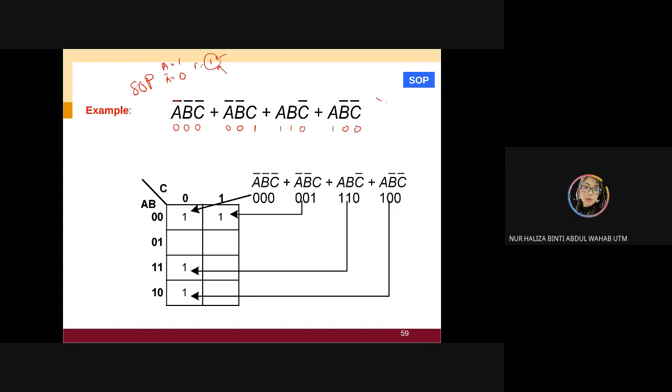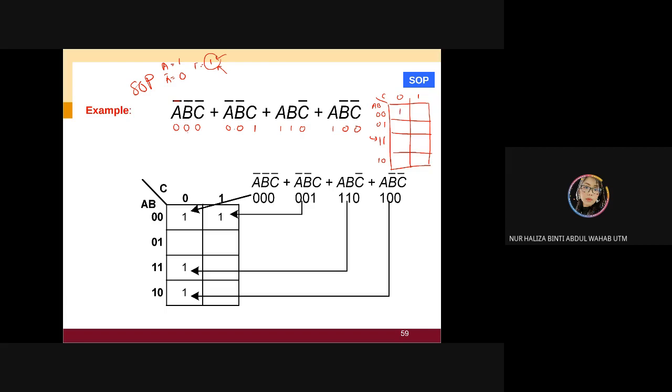You draw your KMAP. It depends on you if you want to draw like this. Okay, I give you two choices. 0, 0, 0, 1 and 1, 1, 1, 0. Okay, where is 0, 0, 1?